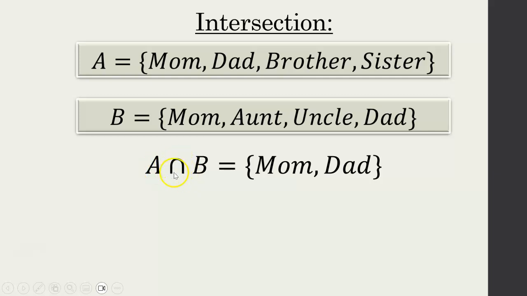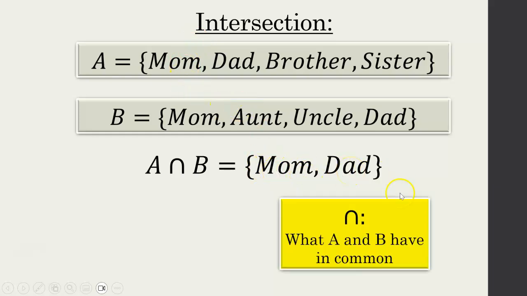So A intersection B means the elements that A and B have in common. What are those elements? Mom and dad. So this symbol here is for intersection.